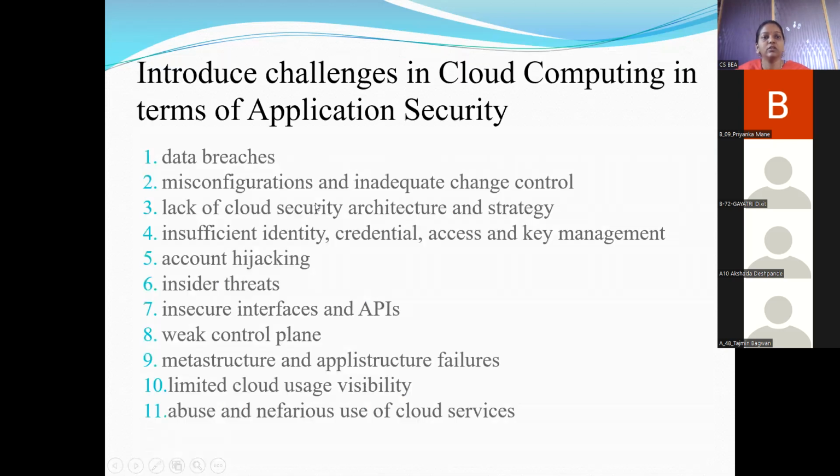So today we are going to see the challenges in cloud computing in terms of application security. That means from the application point of view, what are the different security concerns that need to be checked.